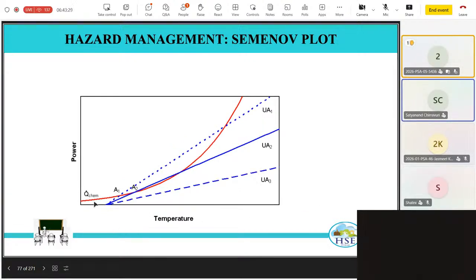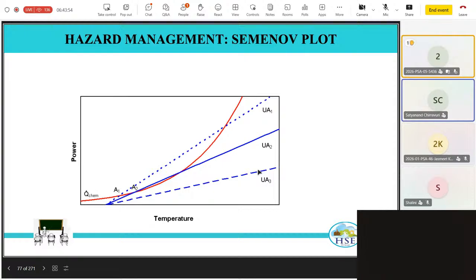Here you see, when you go to the next slide, you have this heat curve, and I have a lower UA, and I can keep on increasing it. UA is nothing but a combination of overall heat transfer coefficient and surface area of heat transfer.